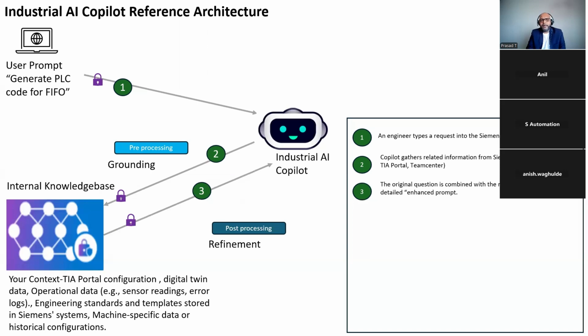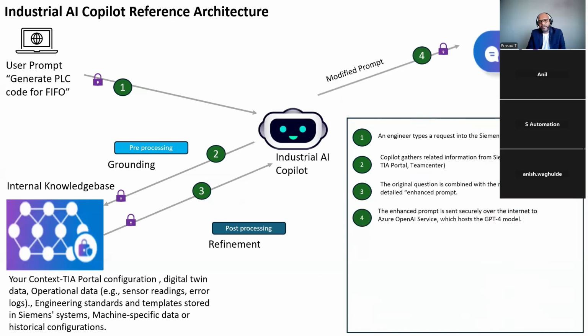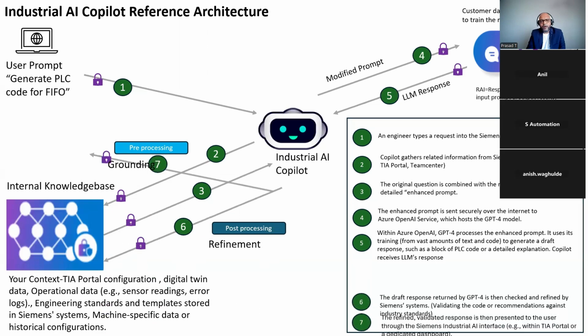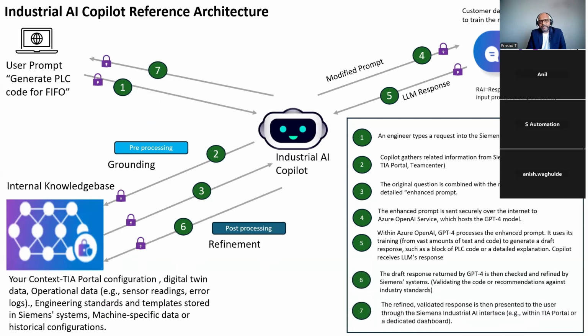The prompt is now enhanced, and the enhanced prompt is sent to Azure OpenAI, where the LLM sits. Then we get the LLM's response, and again the response goes through post-processing or refinement. In the last stage, the refined and validated response is sent to the user through the AI interface.